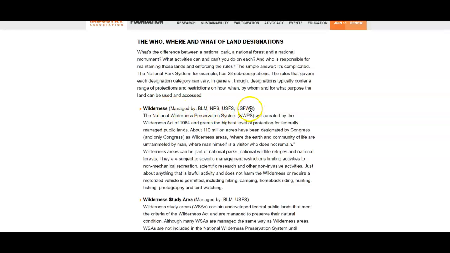These are the 4 agencies that manage wilderness: the Bureau of Land Management, National Park Service, Forest Service, and Fish and Wildlife Service. The other agencies do not manage wilderness. So, can you ride your bike in a wilderness area? No, bike riding is not allowed in wilderness areas. There are other uses that are restricted as well.